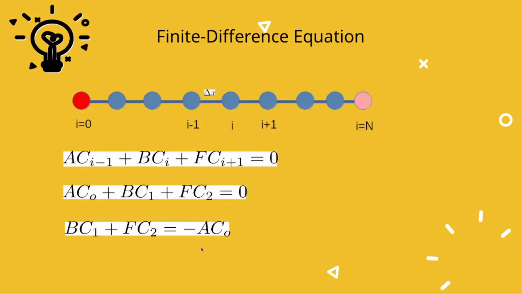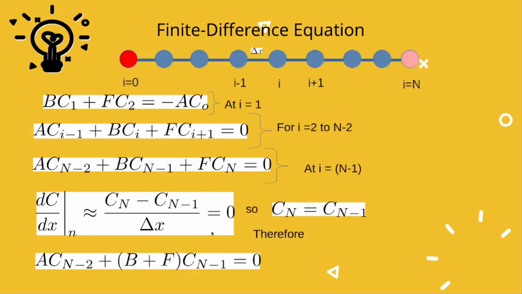So at node 0, I have this equation. At node 1, I have this equation, b C1 plus f C2 equals minus a C0. And from i equals 2 to n minus 2, I have this equation. And then at i equals n minus 1, I have this equation.